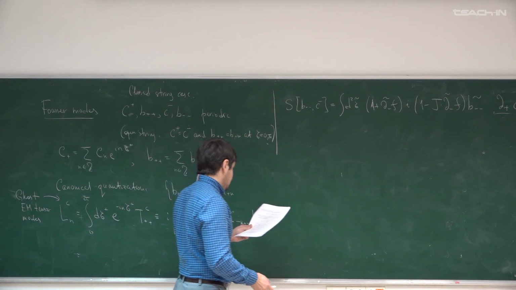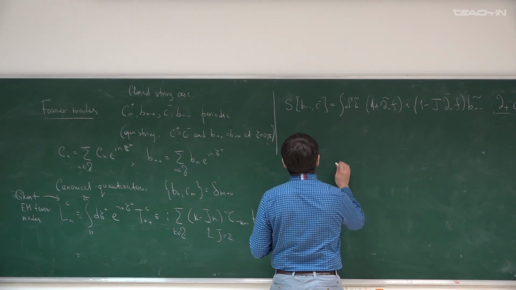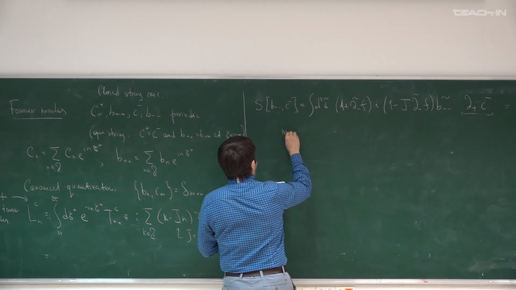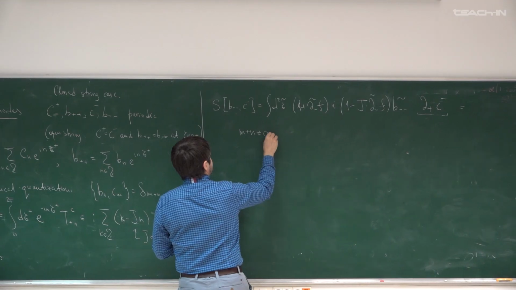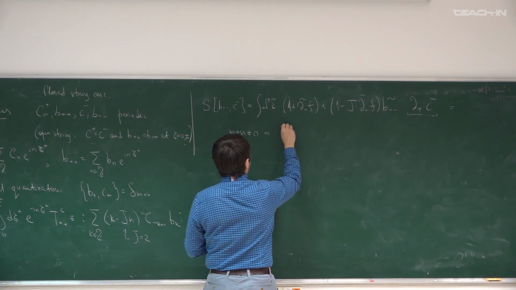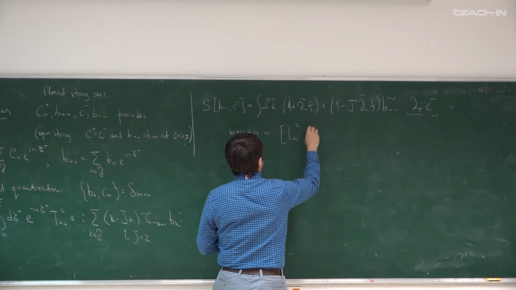So the first thing is that it's easy to check that for m plus n not equal to 0, we have the standard commutation relations.